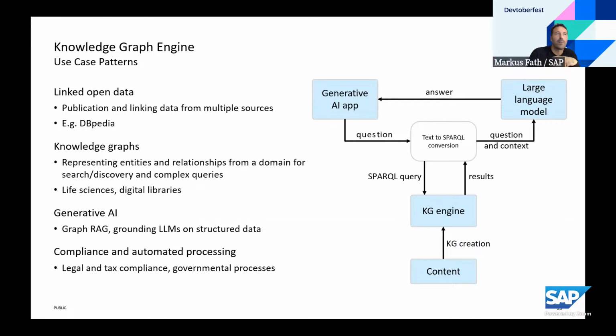If you apply for child support, the rules may be such that you are only eligible for child support when you have 3 or more children and your income is less than whatever. Now, these types of rules can be very efficiently expressed using SPARQL queries or similar technologies.